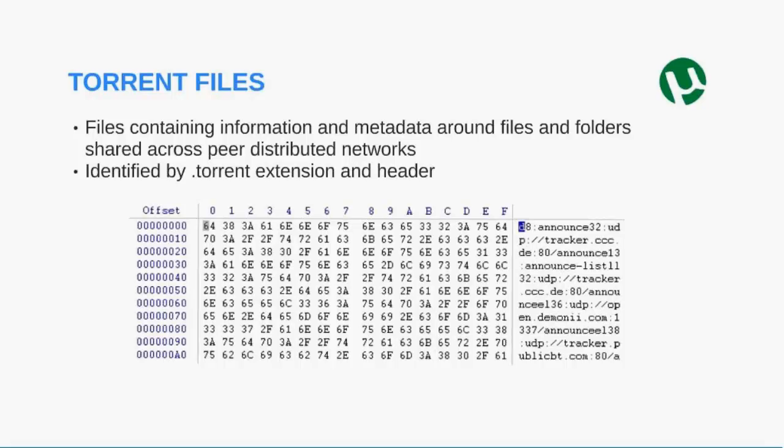They're identified with the .torrent extension, and they come along with any sort of media sharing or file sharing service on the P2P networks. Specifically for us here, these are searched by the torrent extensions as well as the headers, which are slightly unique, that you can carve out of unallocated space or search allocated space for as well.